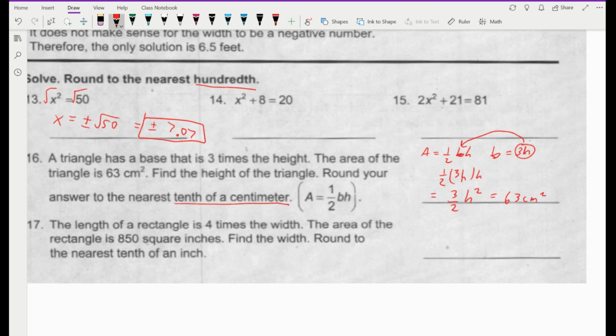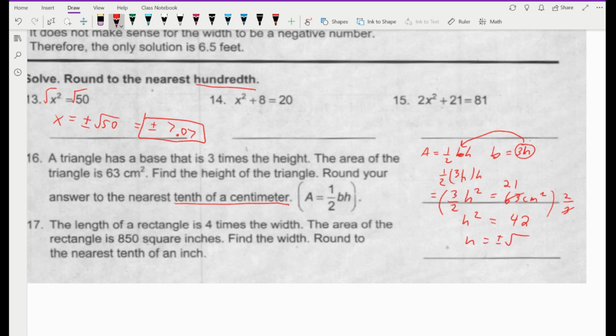So now we're just going to solve for h. To solve for h squared, we're just going to multiply both sides by the reciprocal 2/3. So 63 times 2/3. Well, I can reduce, 3 goes into 63 21 times. And 21 times 2 is 42. Now to solve for the height, we have to take the square root.